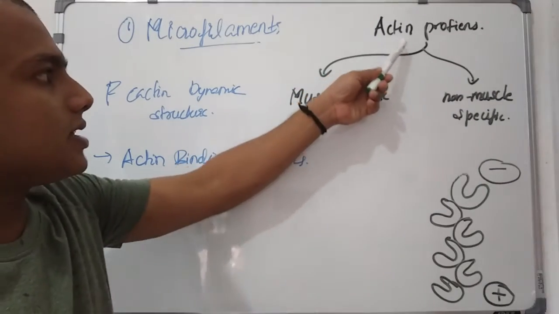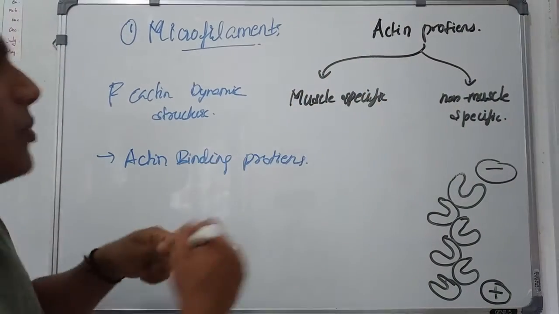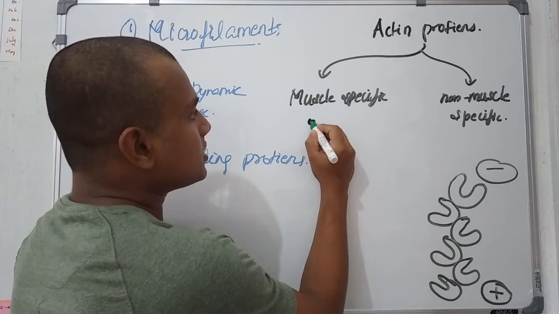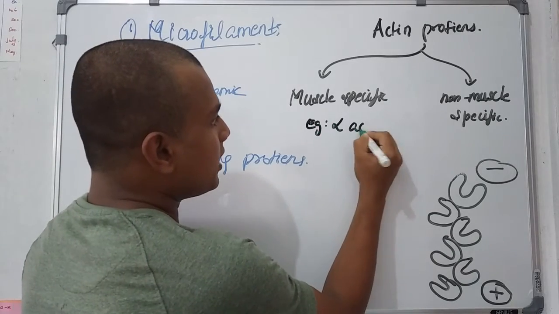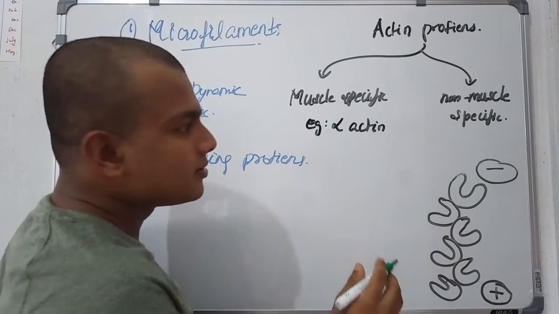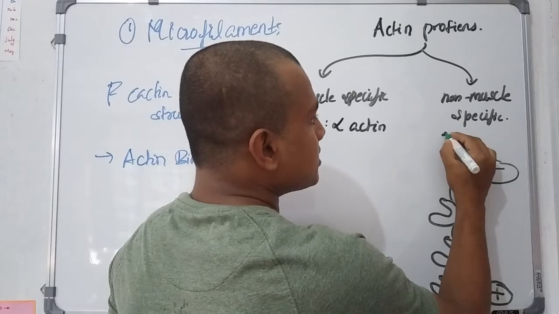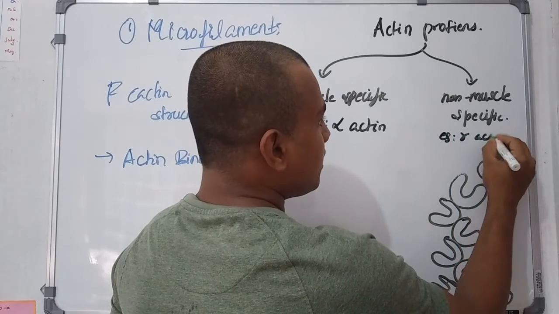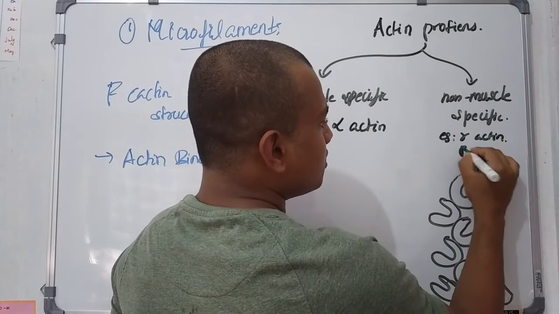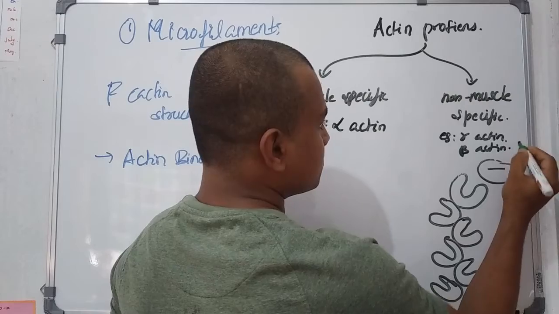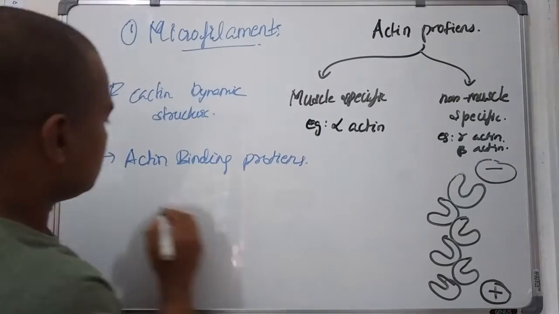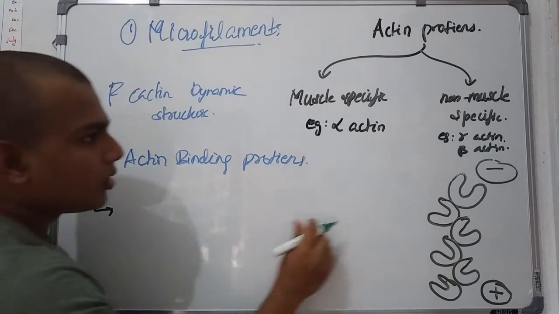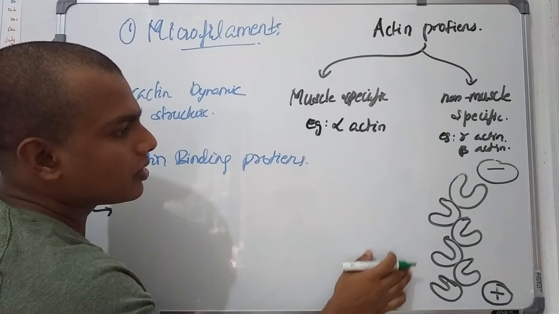Now, actin proteins are divided into two types: muscle specific actin, for example alpha actin, which is present in muscles, and non-muscle specific actin, for example gamma actin and beta actin. Now, polymerization and depolymerization can occur at both the ends.